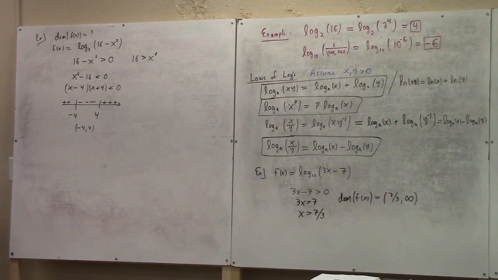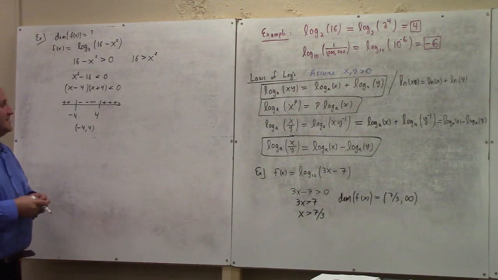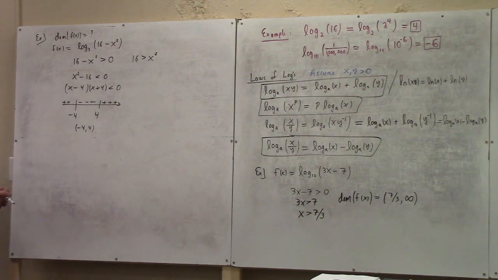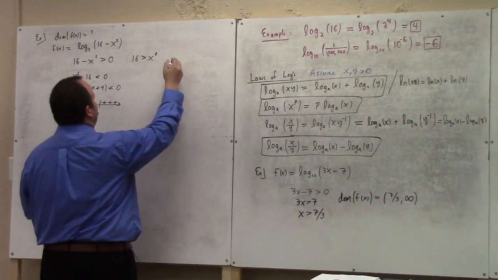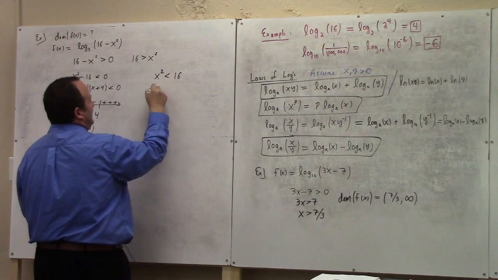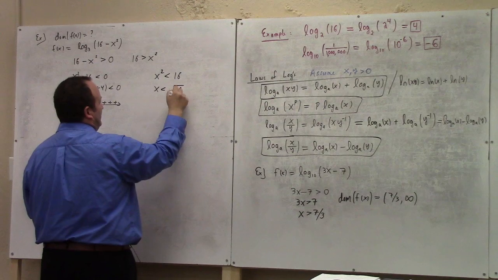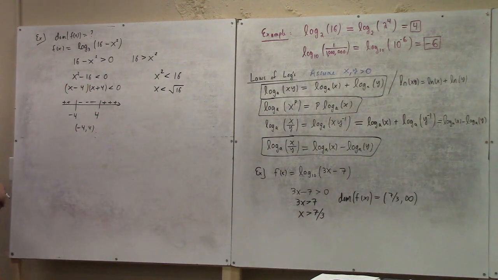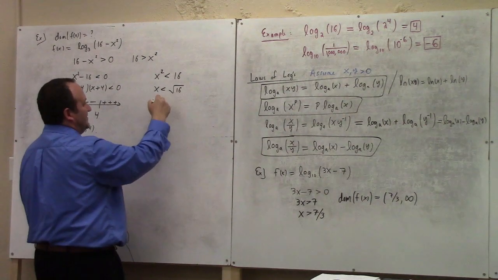Why do you have to do it like that? Well, let me write it this way: x squared less than 16. So you take the square root of the inequality, and x is less than the square root of 16, so you get plus or minus 4.